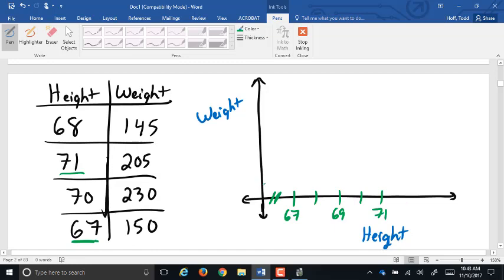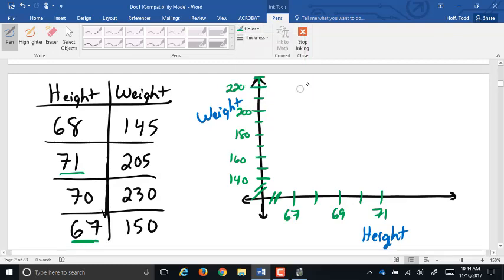Going up the side here, I'll probably end up doing the same thing, because what's the smallest number I need on there? 145. So I might start with 140, 150, 160, 170, 180, 190, 200, 210, 220. And I'm a little short here. 230 is going to have to be up there.